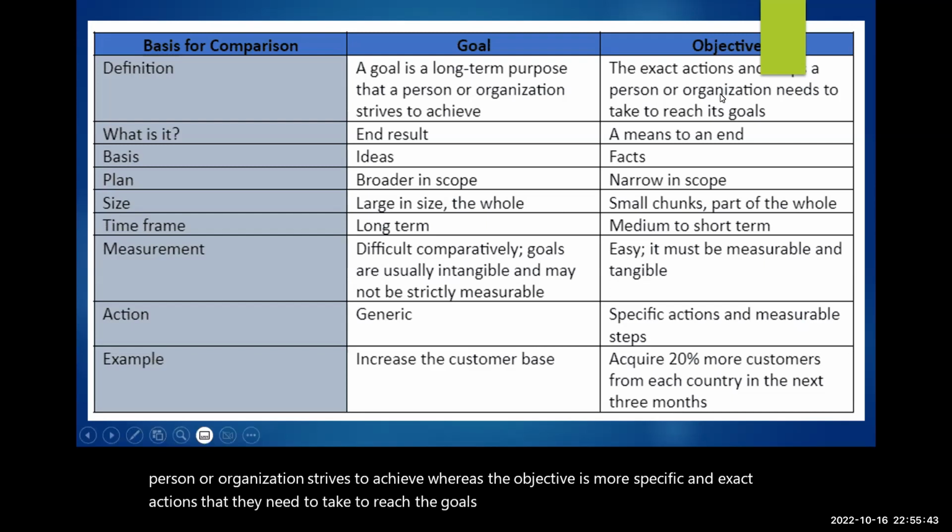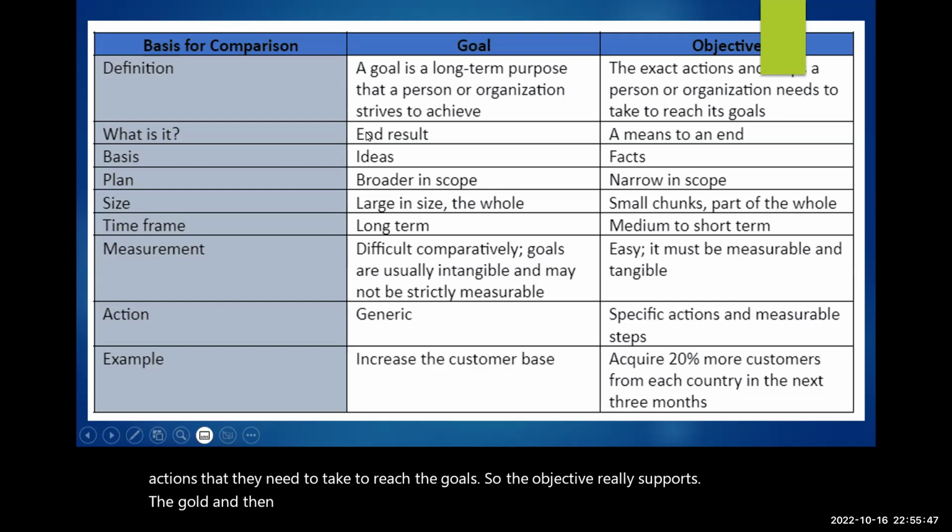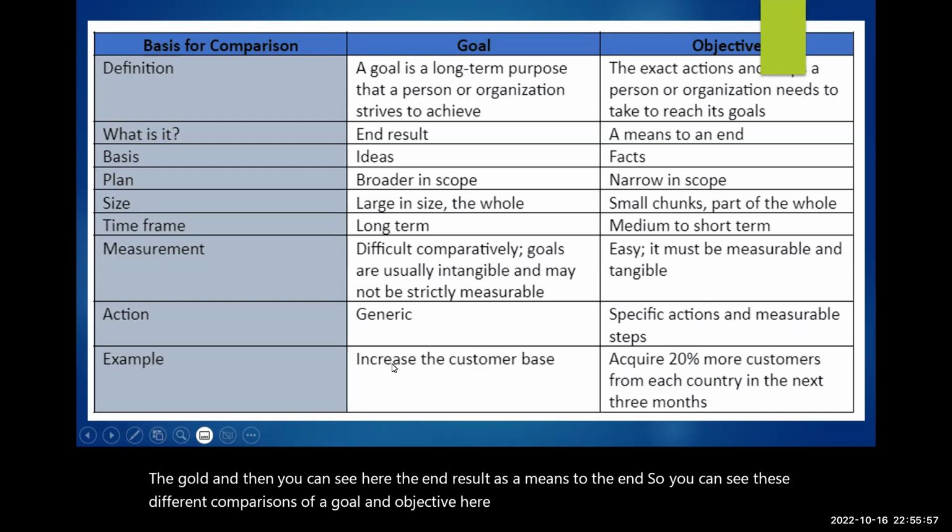So the objective really supports a goal. And then you can see here the end result, a means to the end. You can see these different comparisons of a goal and objective here. In addition to increasing, this is an example, increase the customer base would be your goal.